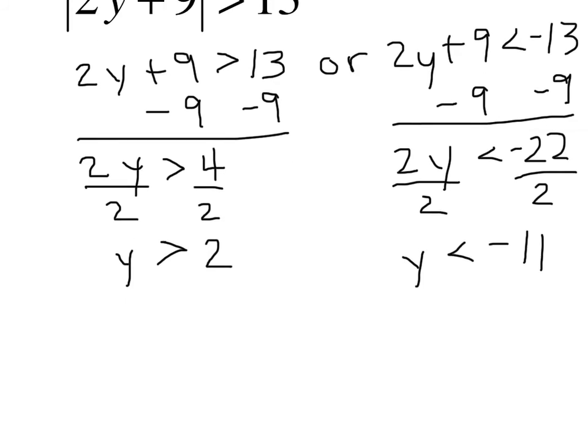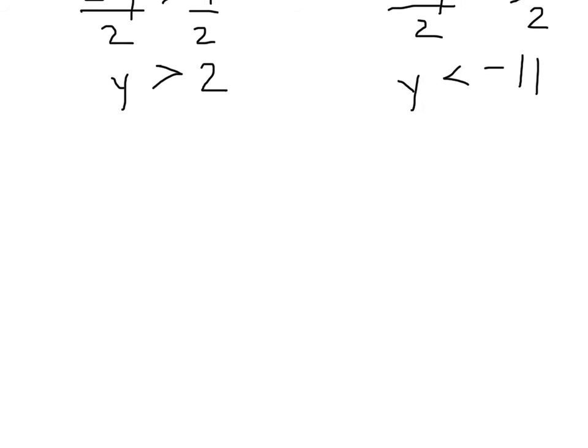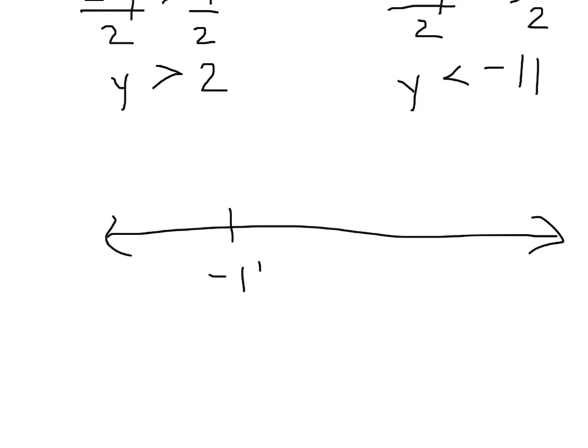So, let's graph that on the number line. Negative 11 is smaller than 2. It goes to the left. Y is less than negative 11. Y is greater than 2.